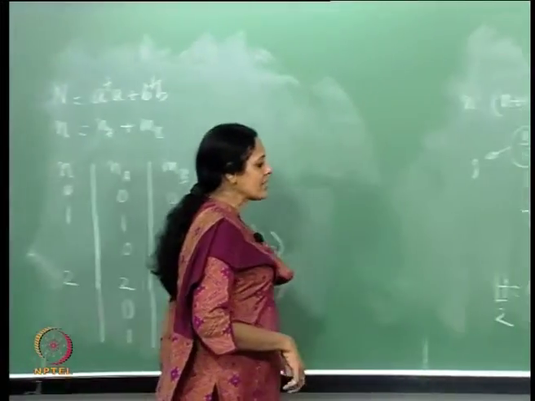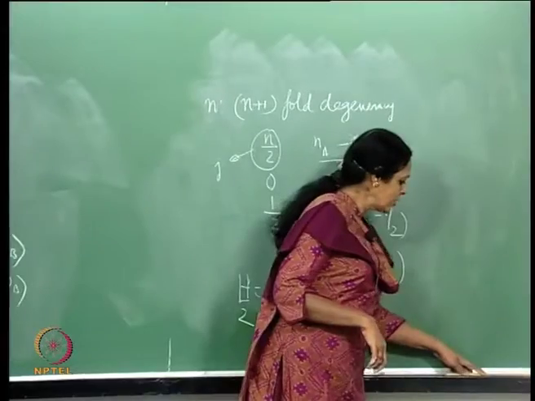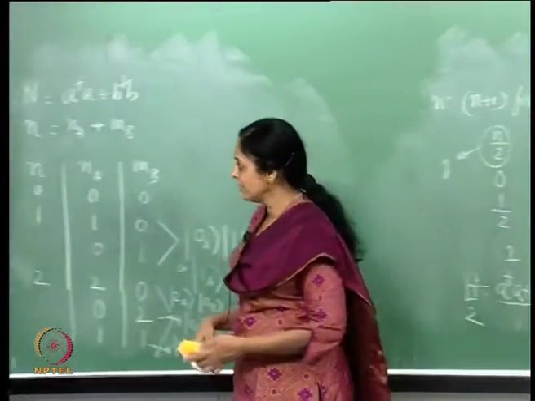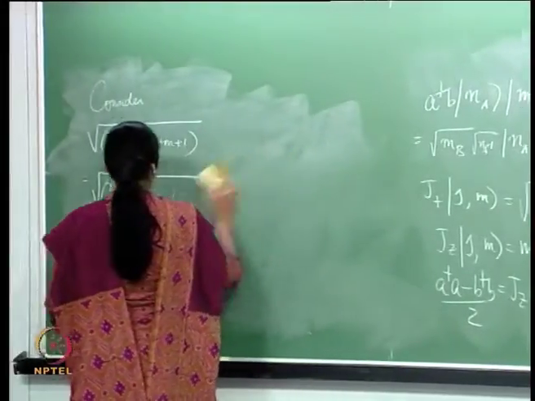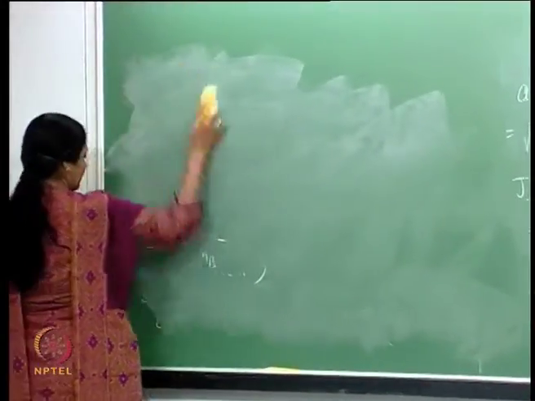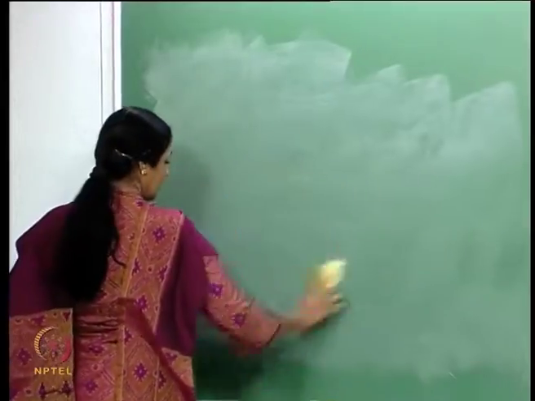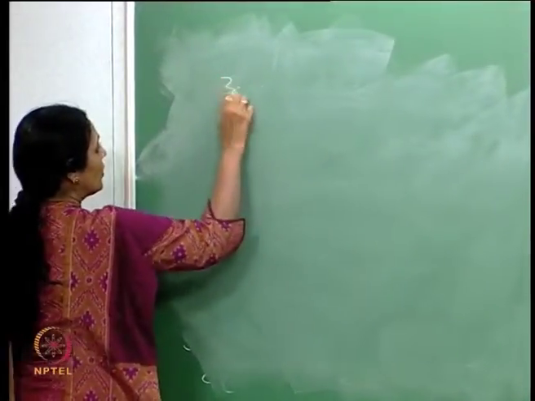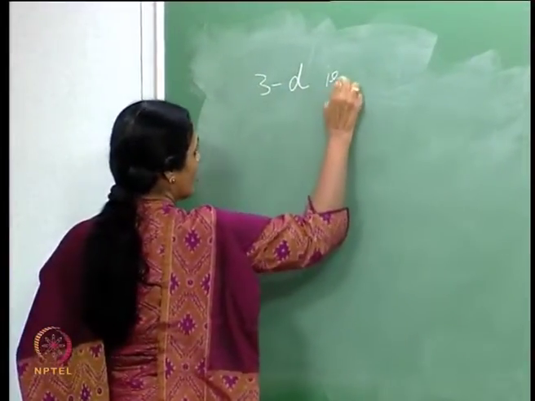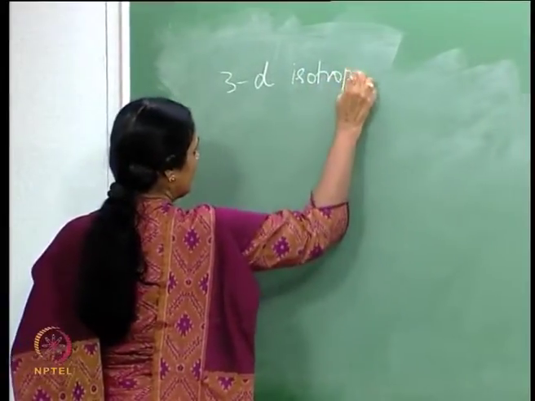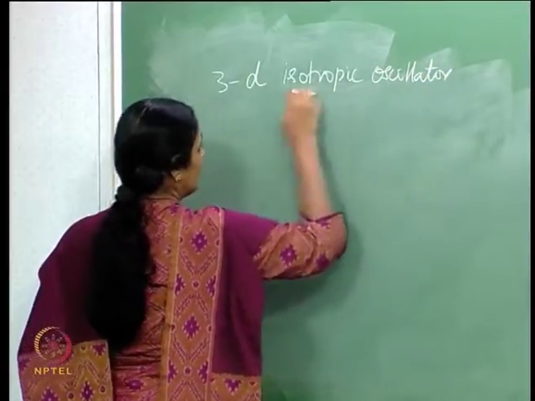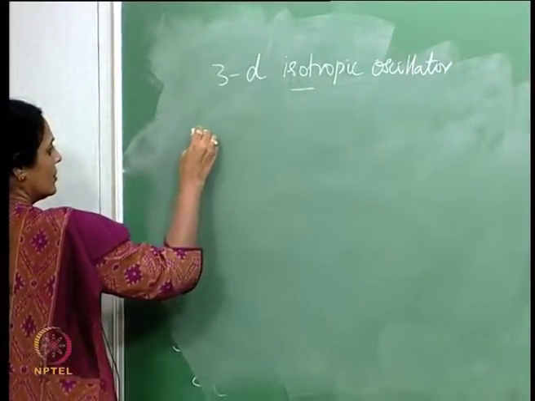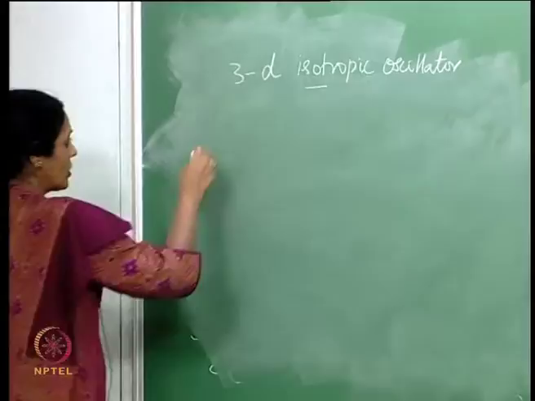Let me now extend this to a three-dimensional isotropic oscillator and at least check out the extent of degeneracy. So, in the case of the three-dimensional isotropic oscillator, I have these three independent oscillators.